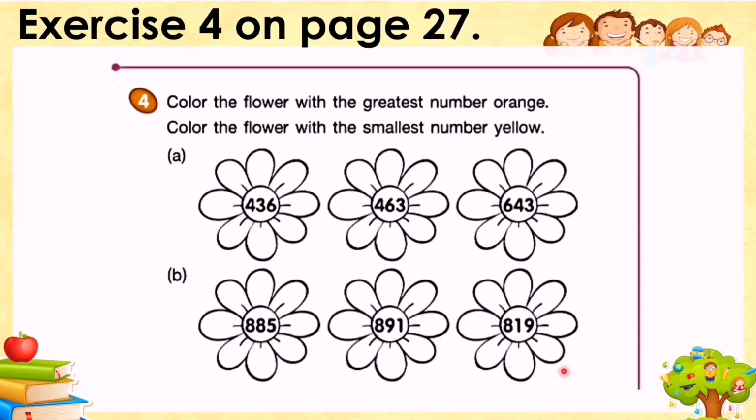Okay, let's proceed to your exercise 4 on page 27. So you are going to color the flower with the greatest number orange. Okay, so letter A. Which is the greatest number here? Is it 436, 463, or 643?